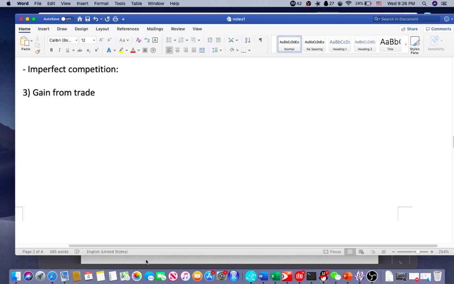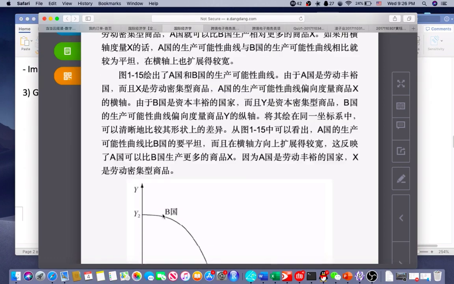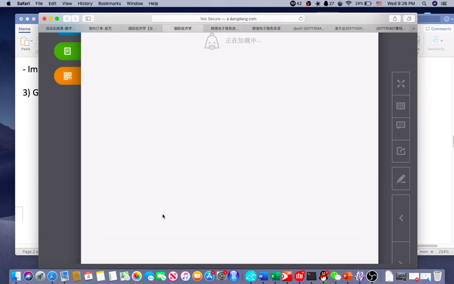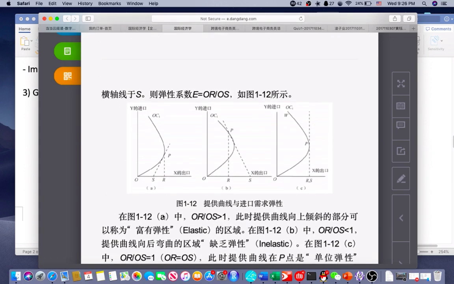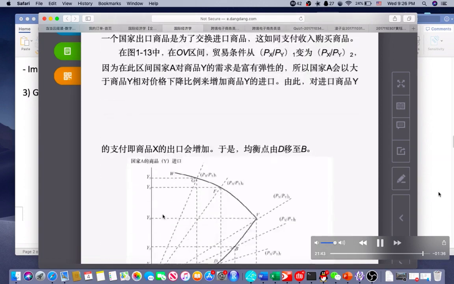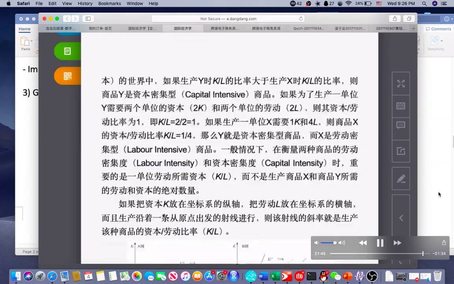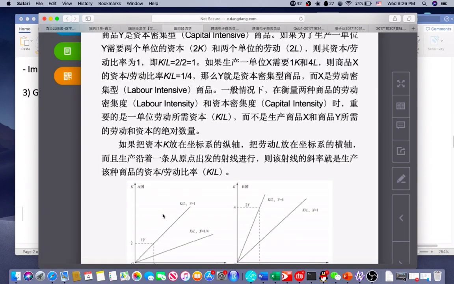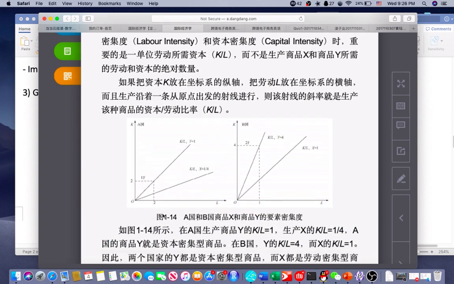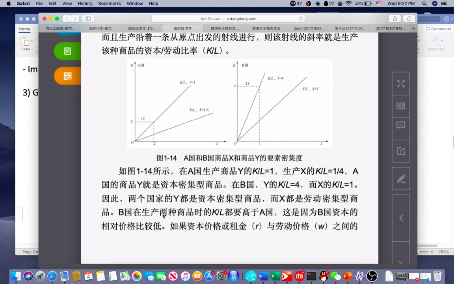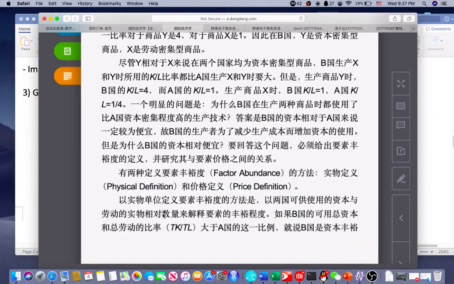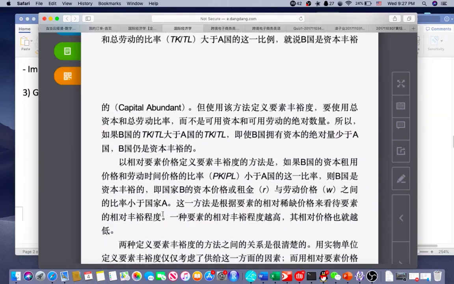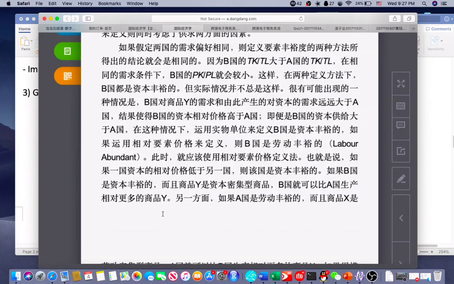And it is equal to the marginal utility of X divided by marginal utility of Y. That is equal to the marginal rate of substitution.